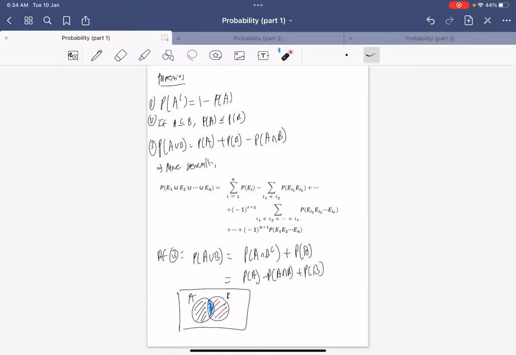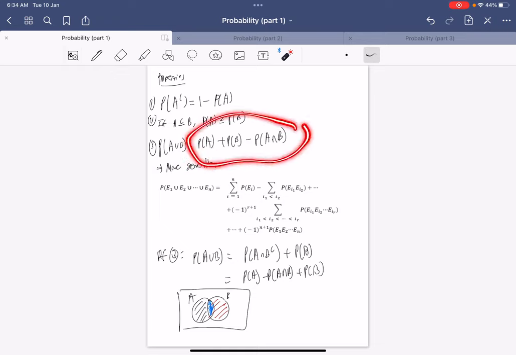Certain properties you can prove are that the complement's probability is 1 minus the probability. If you have a subset, then the probability of this smaller set is always less than the probability of the larger set. And the probability of the union for events that may not be mutually exclusive is the probability of A plus the probability of B minus the intersection.